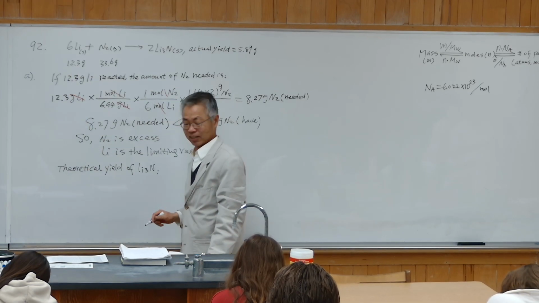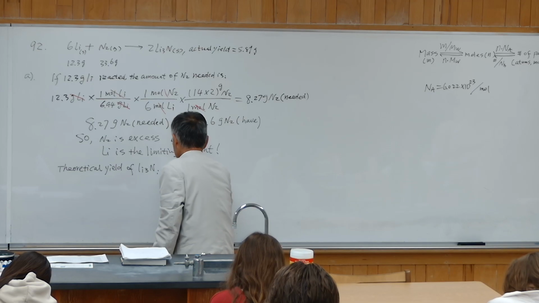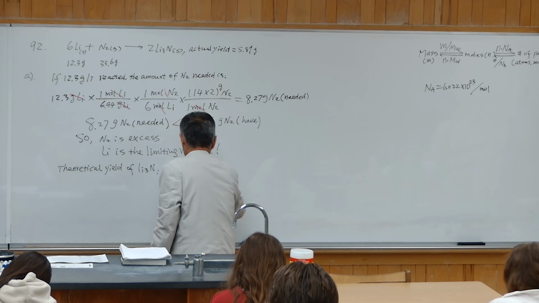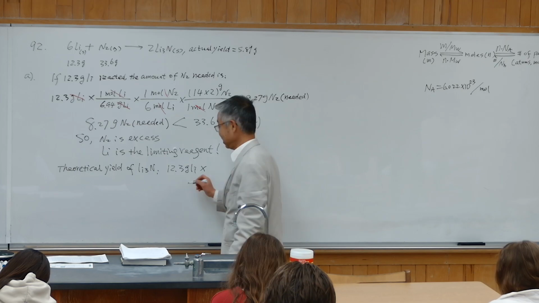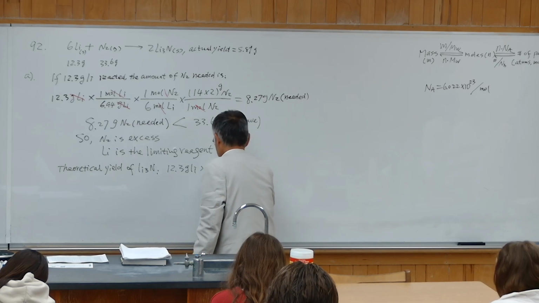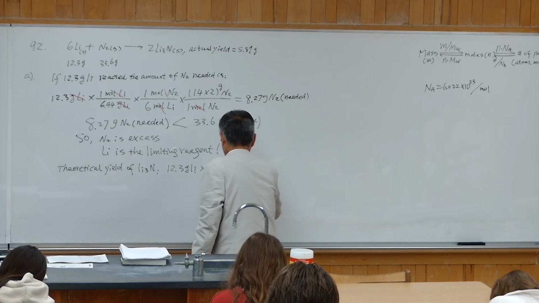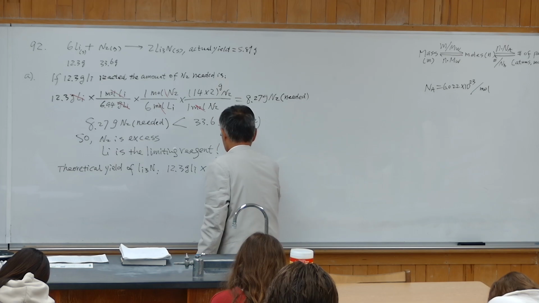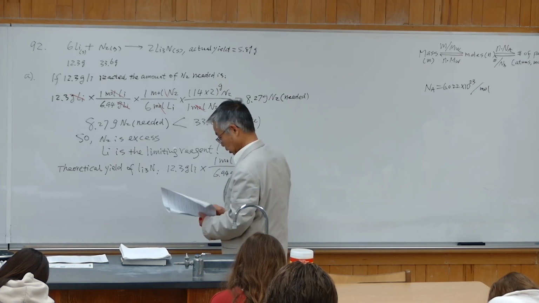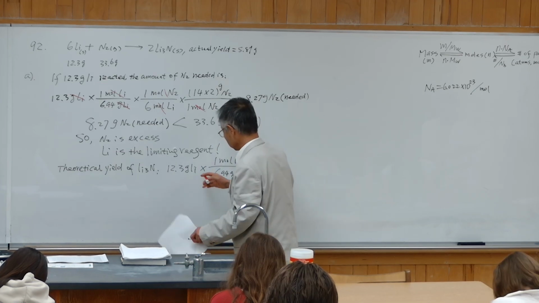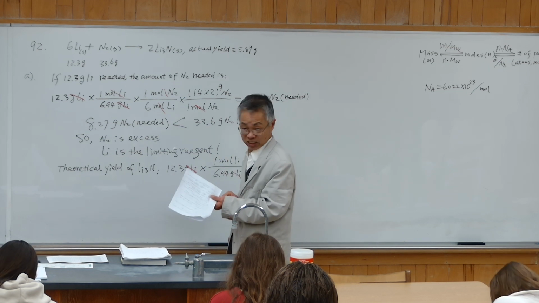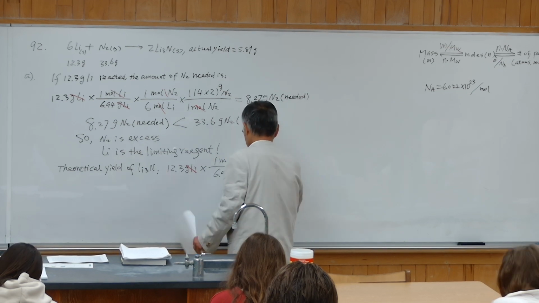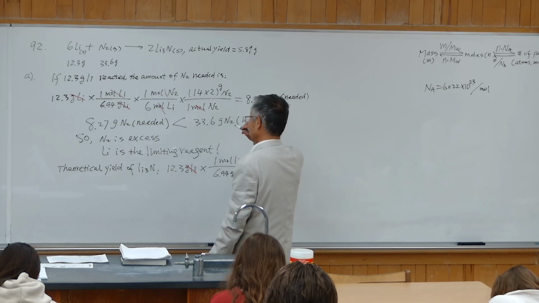So 12.3 gram lithium. First, convert mass into mole, always, with 6.94 gram per mole lithium, because the balanced equation is a mole relationship. Then use the balanced equation.